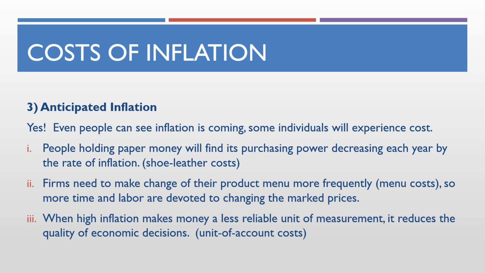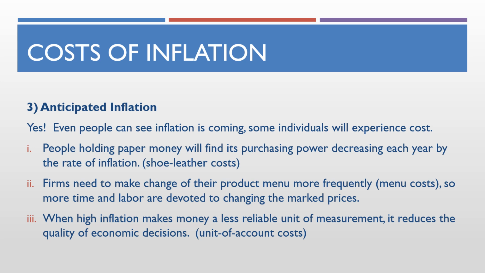When people can see inflation is coming or may be coming in the near future, some people will make adjustments to their behavior, how they are allocating their assets, or how to make changes during those inflation periods.